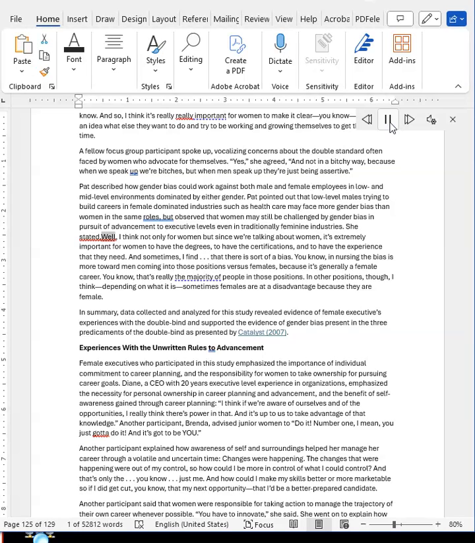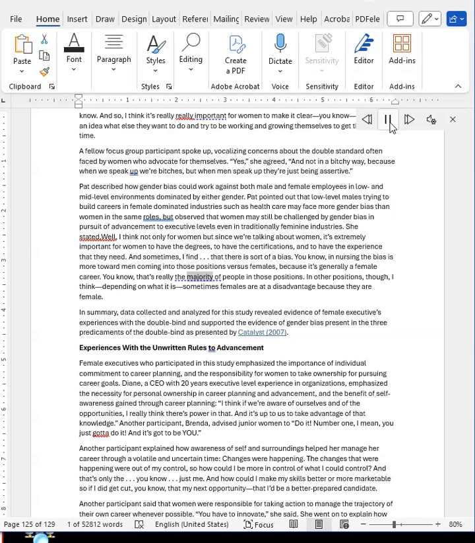She stated, "Well, I think not only for women, but since we're talking about women, it's extremely important for women to have the degrees, to have the certifications, and to have the experience that they need. And sometimes I find that there is sort of a bias. In nursing the bias is more toward men coming into those positions versus females, because it's generally a female career.